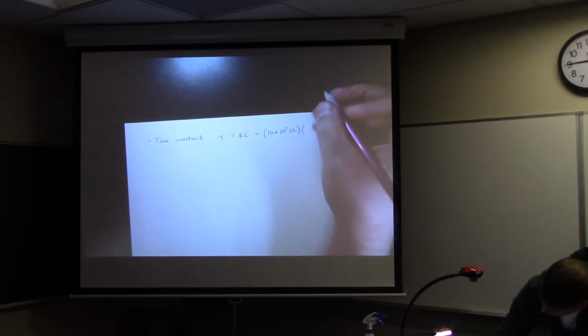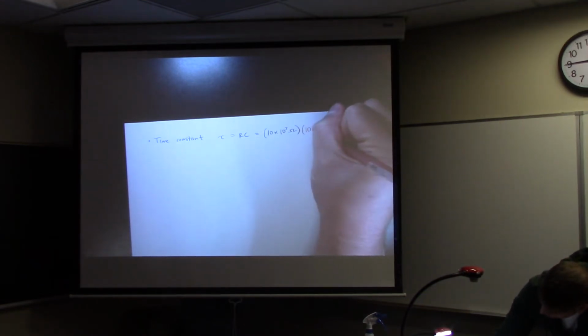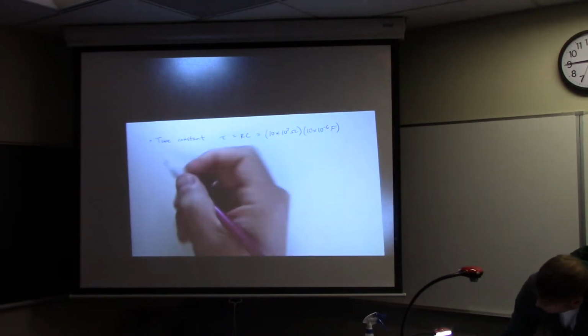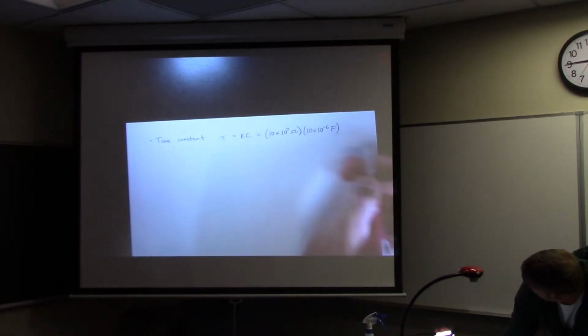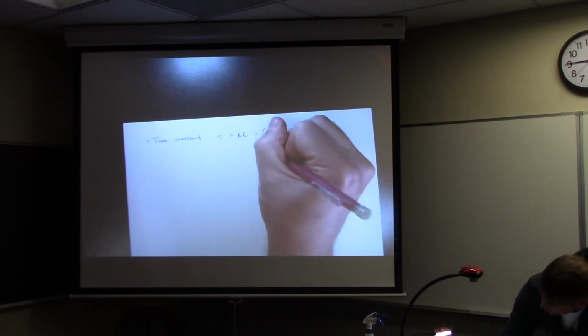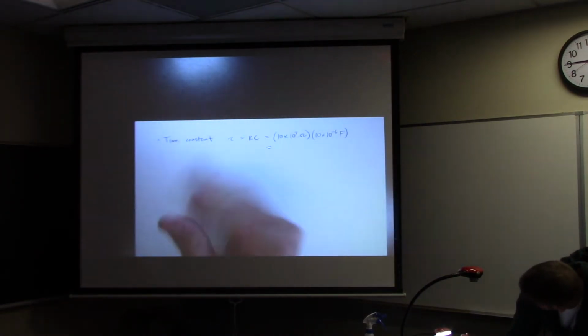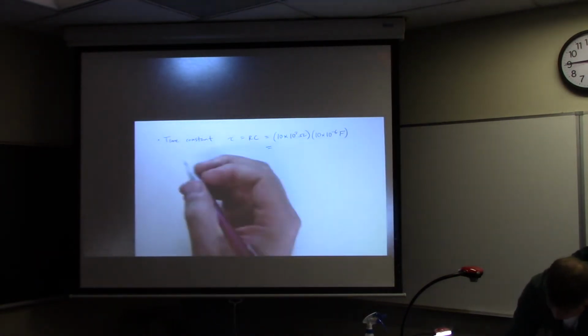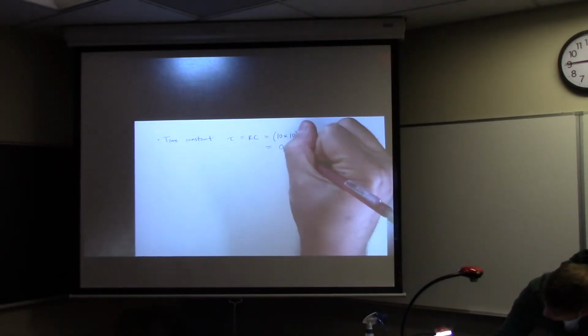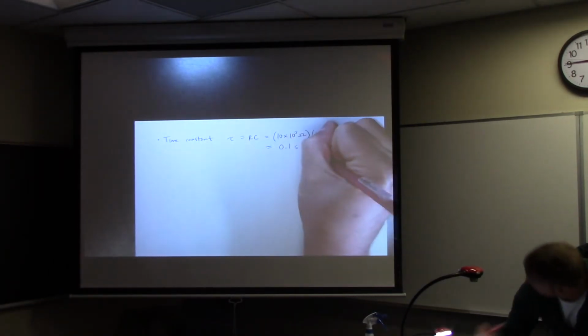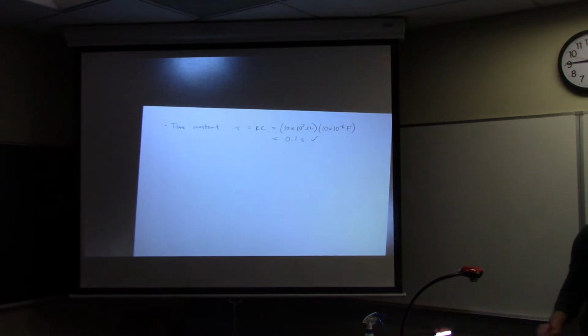And then the capacitance is 10 times 10 to the minus 6 farads. It's the same as 10 microfarads. And again, we just showed that an ohm times a farad is a second. So written this way, it's going to be a time measured in seconds. So you do the calculation, and it's a nice round number, 0.1 seconds. So it's a tenth of a second for your time constant.